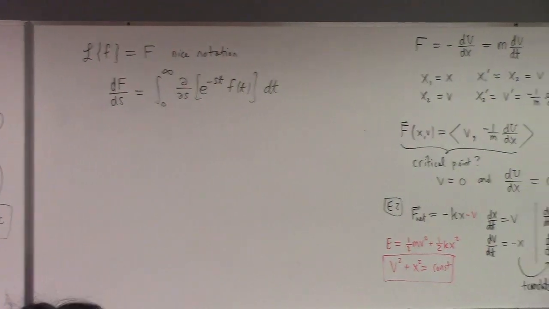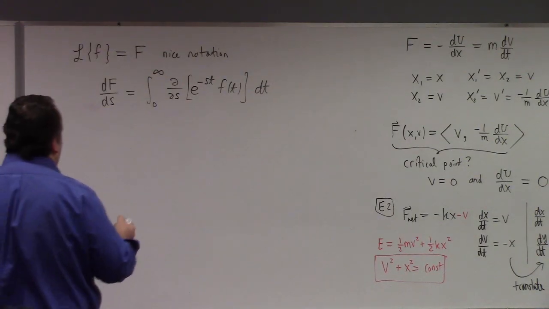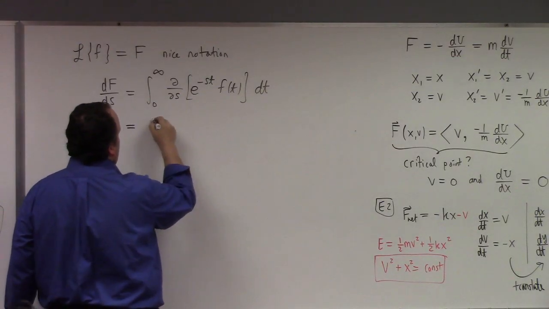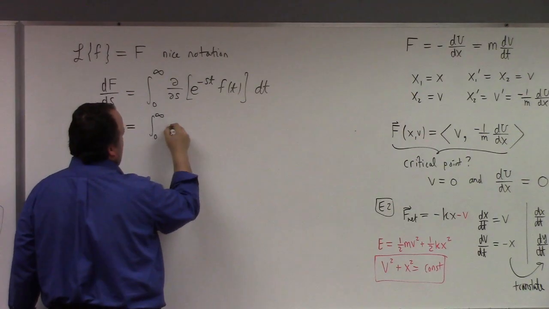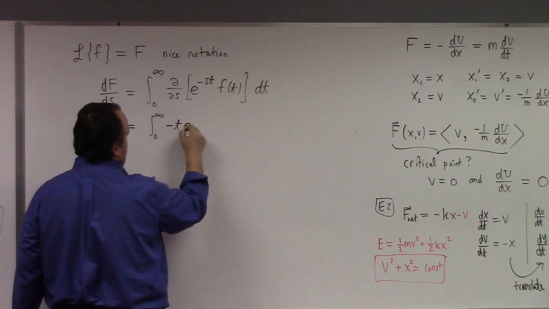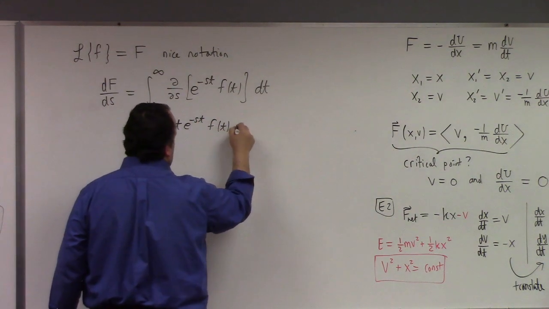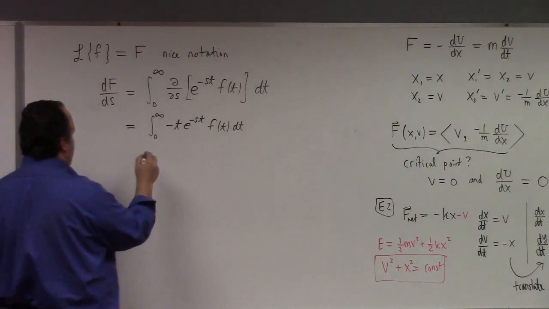What happens there? So that's what? Integral from 0 to infinity. That's minus t, right? E to the minus st. F of t dt. Agree? Okay, so we can pull that.